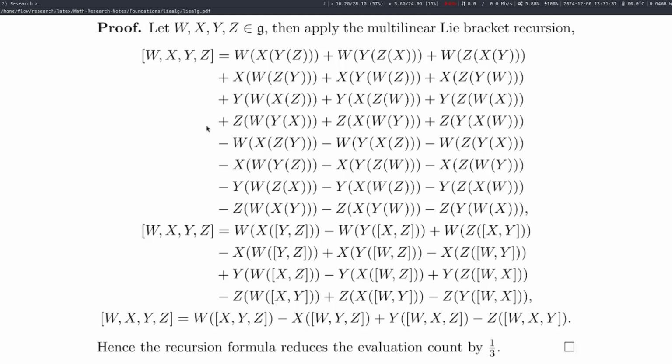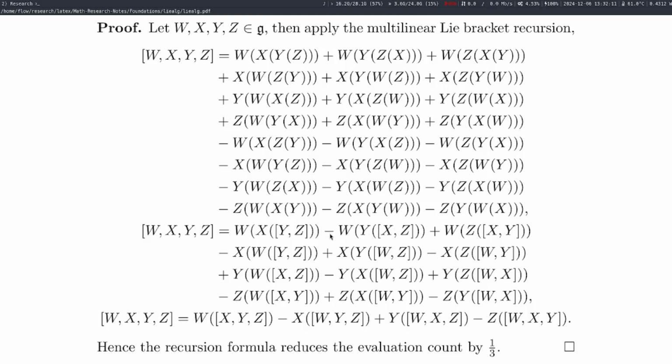Now we combine these two into a single term, and now we can combine these two into a single term here, w of y of xz, because we have zx and xz, right? But now we need a minus sign here, because we want to have minus w of y of xz and plus w of y of zx. So now we have to assign the minus sign, w of y of xz.